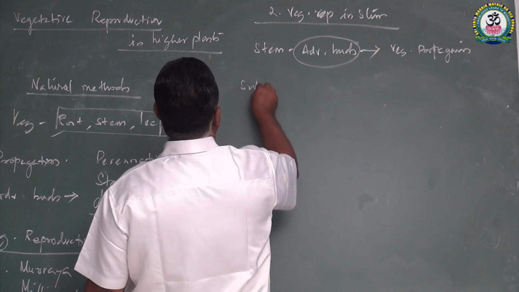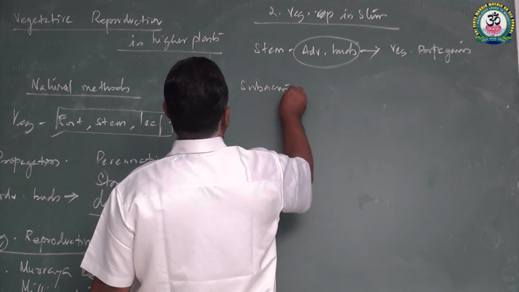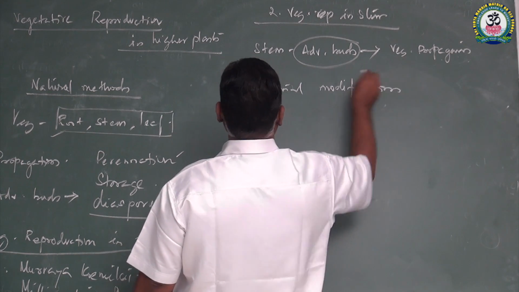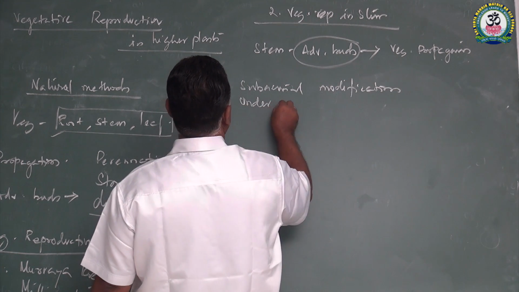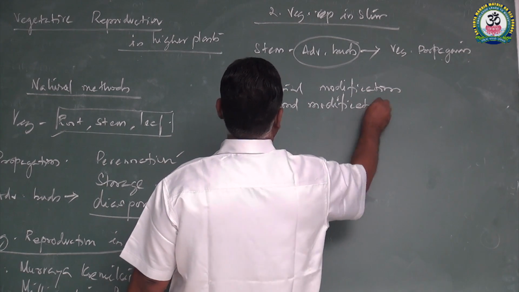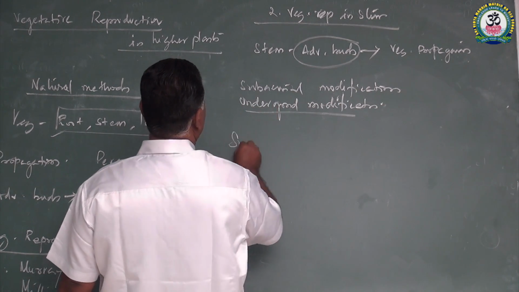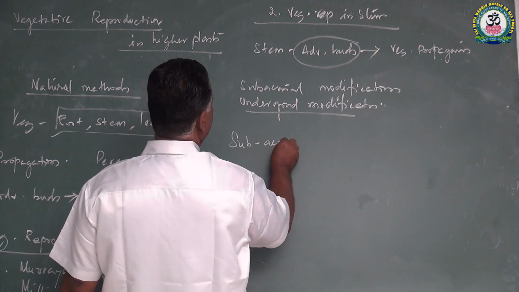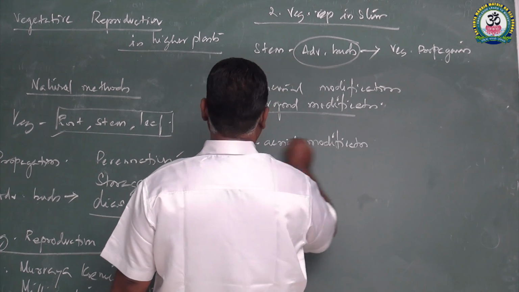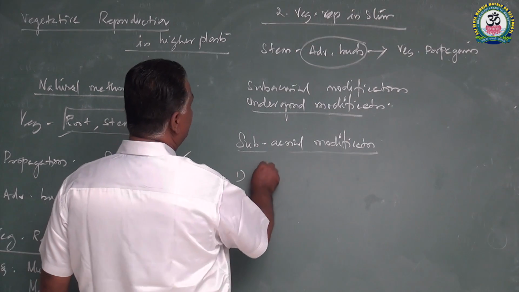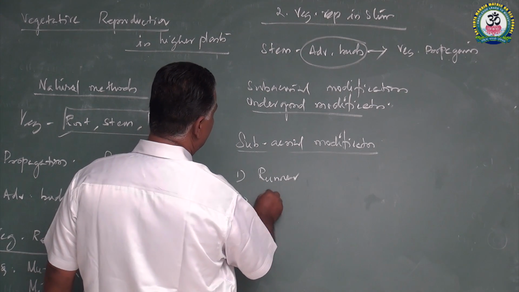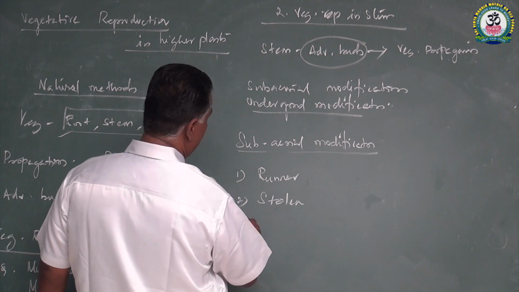There are subaerial modifications and underground modifications. In subaerial modification, there are 4 types. One is runner, second is stolon, third is offset.